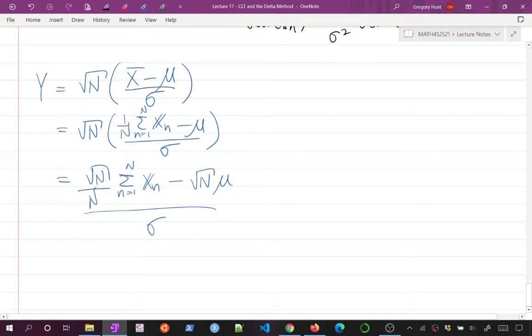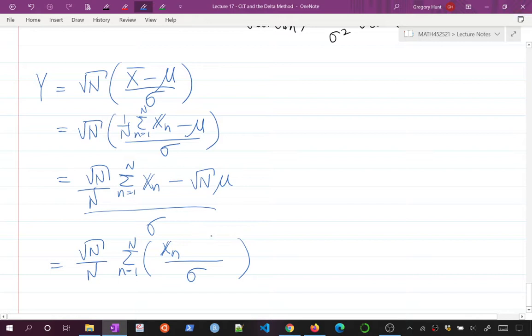Is this the easiest way to do it? Yeah. So if I'm going to pull my sigma into my sum, that's allowable. It's just a constant. And so my sum is the exponents. I can pull that sigma in there. And then I can pull my mu in, but I would have to divide through by n, right?